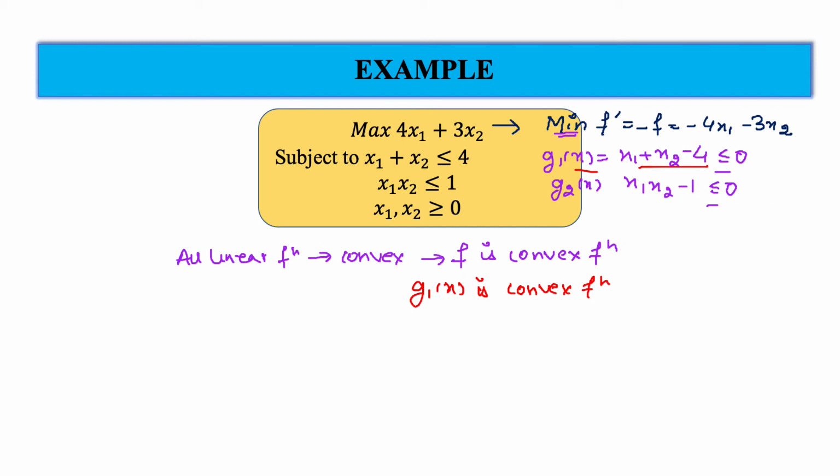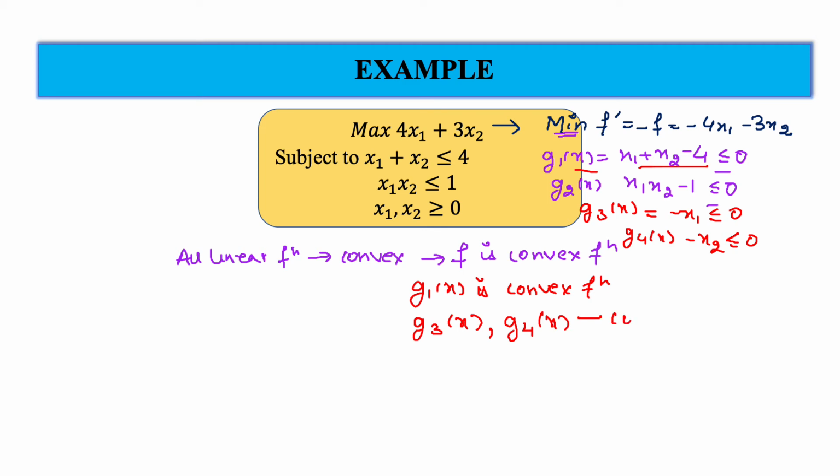Now we will see g2, and even we will convert these three. g3(x) is minus x1 less than 0. g4(x) is minus x2 less than 0. So even g3 and g4 are linear, so that is also a convex function.